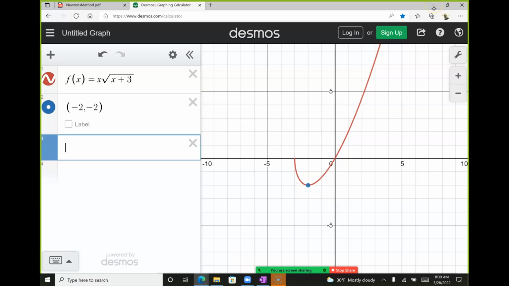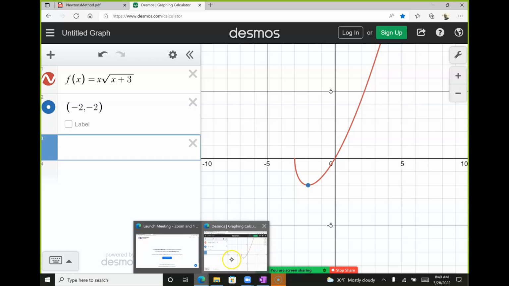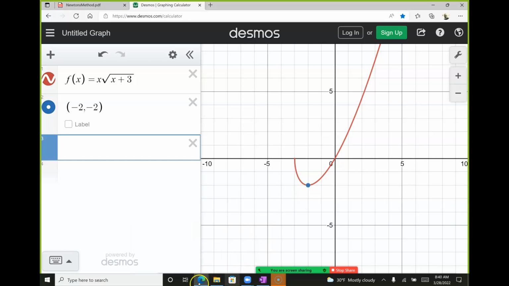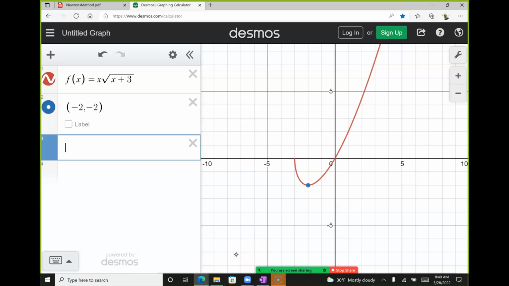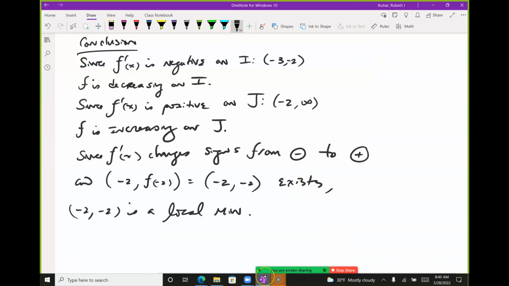Most of the things I'll give you, you'll be able to label them on there and see it right on the calculator. Like this point, you can easily see on the calculator, right?